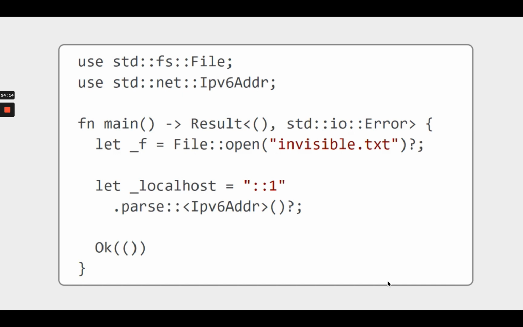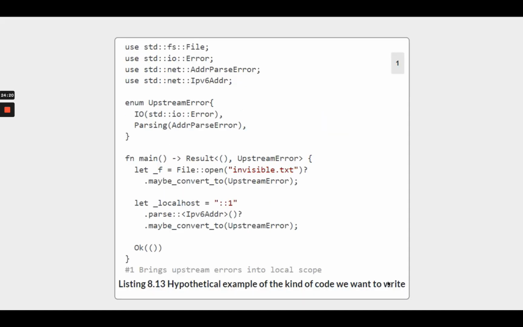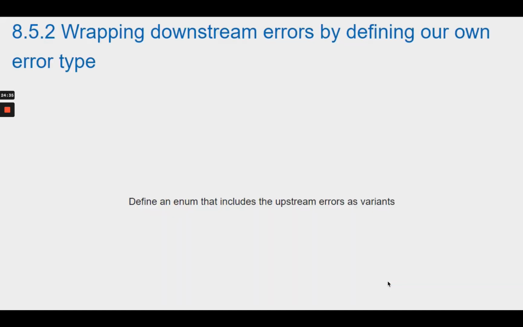To begin, let's start back with listing 8.11, where we know that the code fails. The code fails because ::parse of Ipv6Addr does not return a std::io::Error. What we want to end up with is code that looks a little more like the following listing.